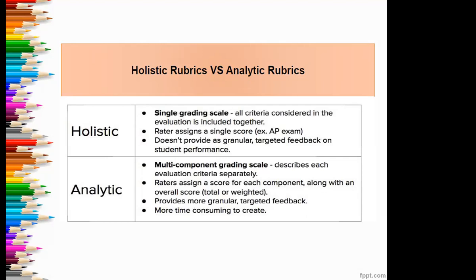Raters assign a score for each component, along with an overall score, a total of weighted scores. It provides more granular, targeted feedback, but is more time consuming to create. So there you have the main differences between the two rubrics. Right now, we're going to be working with analytic rubrics.